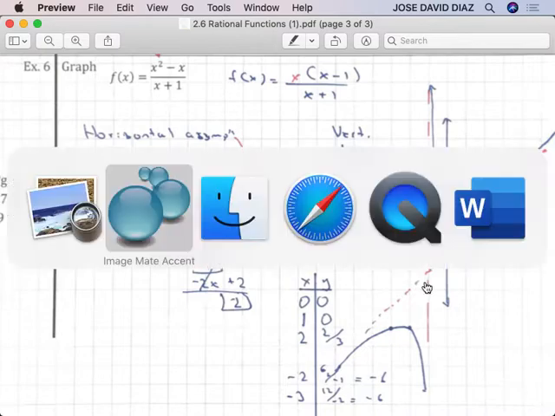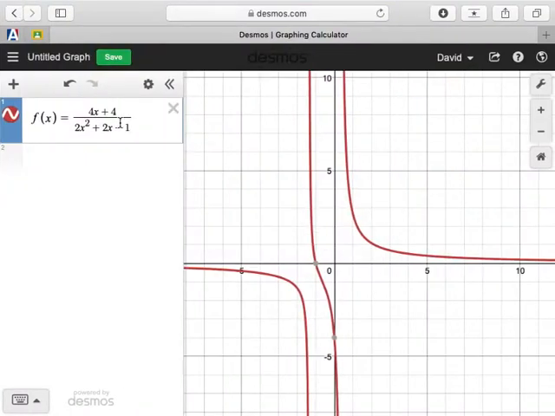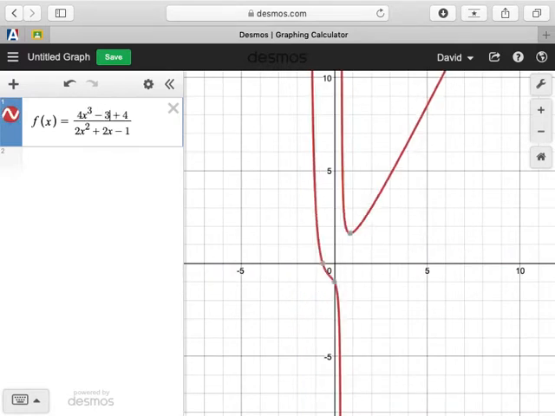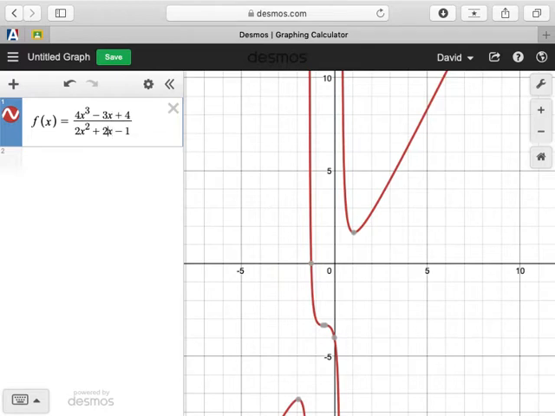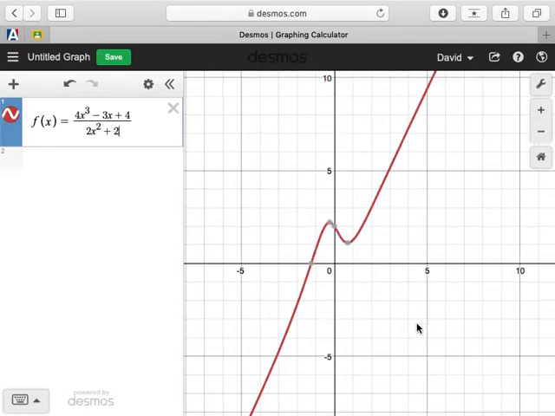So if we actually take the time to graph it on decimals, it's not going to look as nice as this because it's not factorable, the one that we are working with. So in this case, this is 4x to the power of 3 minus 3x plus 4 over 2x squared plus 2. But notice that the same concept applies, that it's going to be a diagonal asymptote.